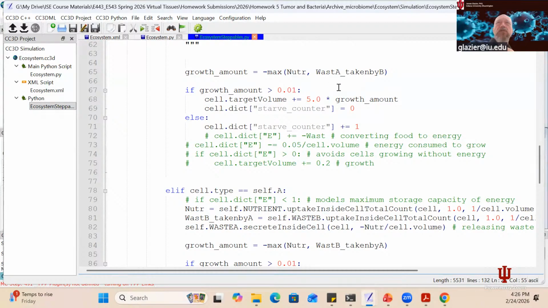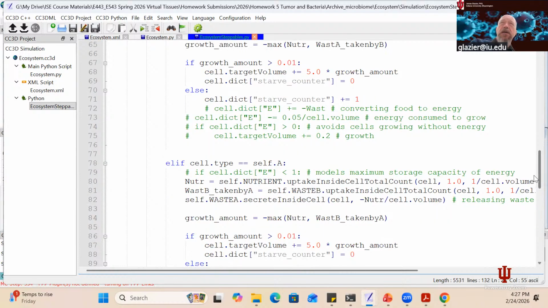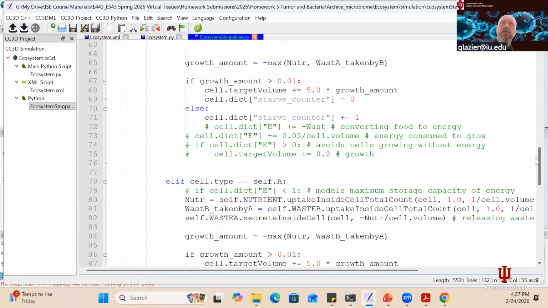So they're both limiting. Whichever you have less of determines the growth rate. Okay. And if the growth amount is big enough, you just recalculate the starvation power, right, because if they're actually growing, they're not starving. So okay, fine. And if the growth amount is small, here I can call it. Okay, so this is determining whether or not they're starving.